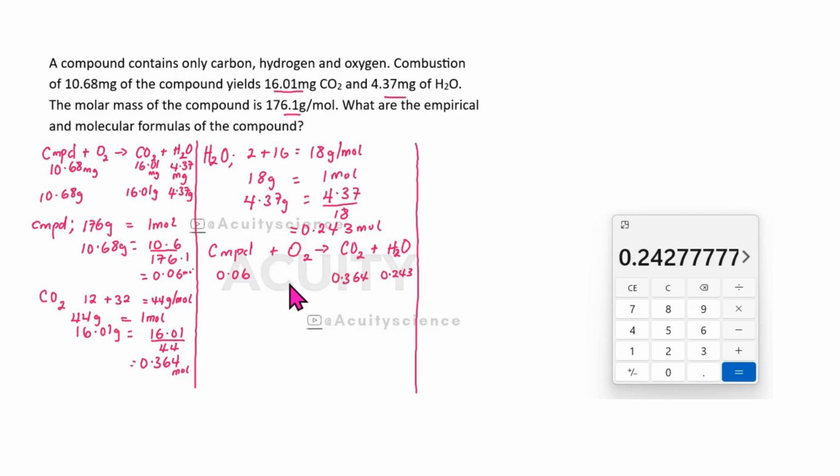So dividing through, 0.06 over 0.06 gives 1 here. Now for water, 0.243 over 0.06 gives 4.